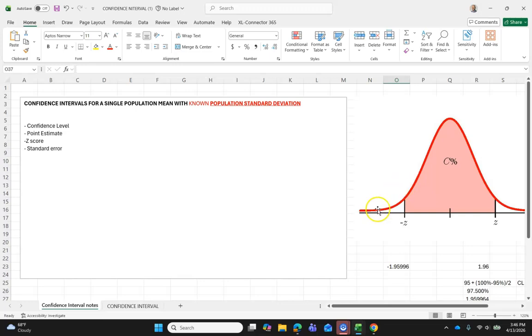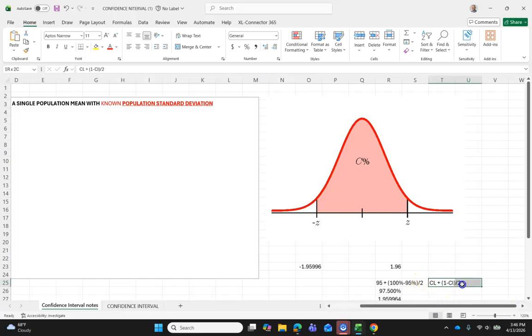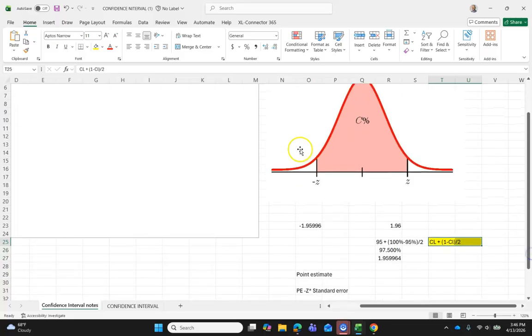Either we can use 2.5% and 2.5%, and Excel will always give you the negative. But when we use this formula here, it helps us find this z here. It is the area in the middle plus this area to the left. So it gives us this z value, and it will be the same, but this side will be positive.